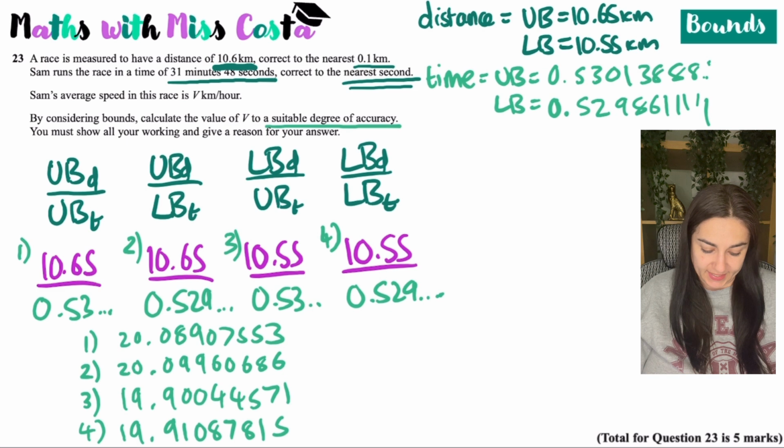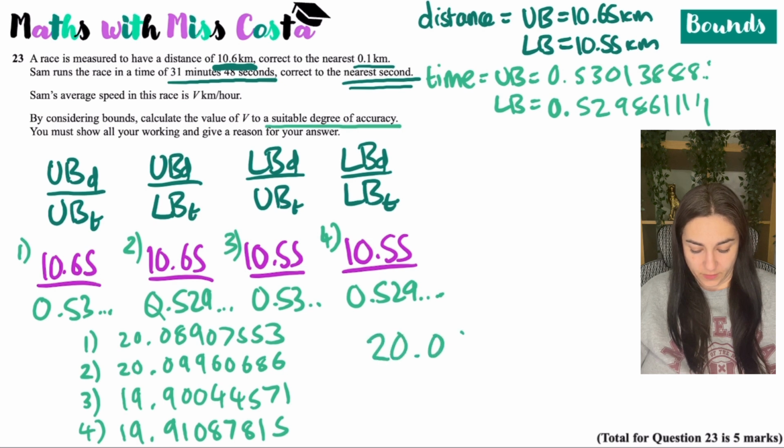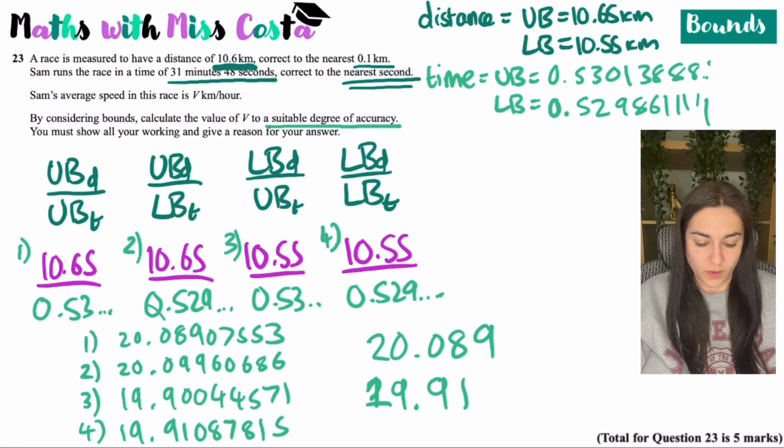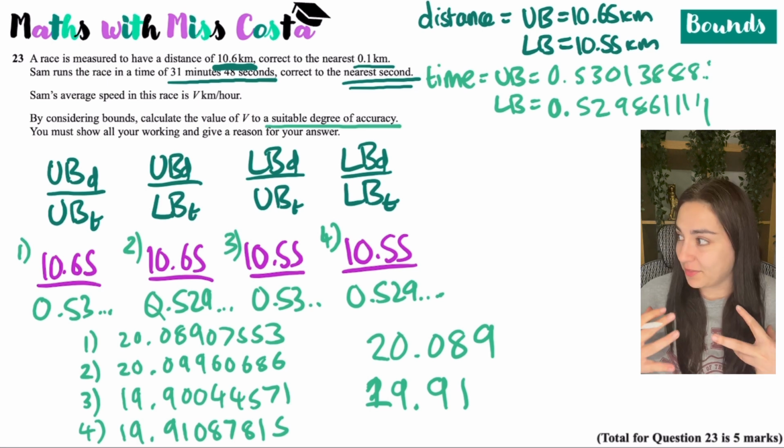degree of accuracy. So what value would satisfy all four of these options? Well, if I think about rounding to, so 20.089, and then let's just pick 19.91. What would a suitable degree of accuracy be to ensure that all four round to the same thing?